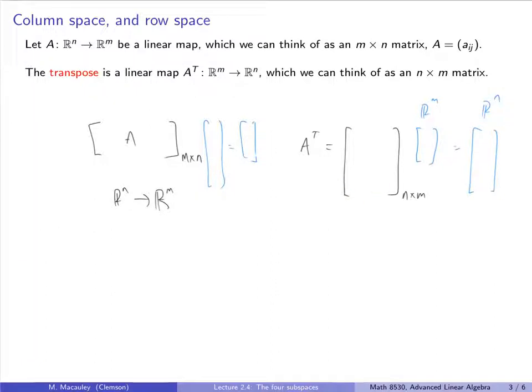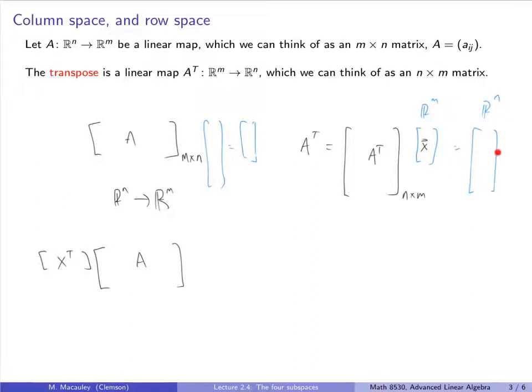Instead of taking this vector, let's say this is some vector x, I want you to think about taking this original matrix A and multiplying it by the transpose of this vector on the left. So let me call this x transpose here.